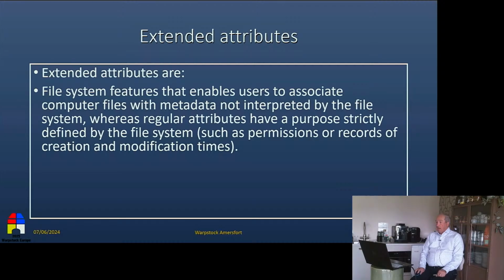Extended attributes, however, are file system features that enable users to associate computer files with metadata, whatever that may be. Whereas regular attributes have a purpose specifically defined by the file system, that is not true of extended attributes.